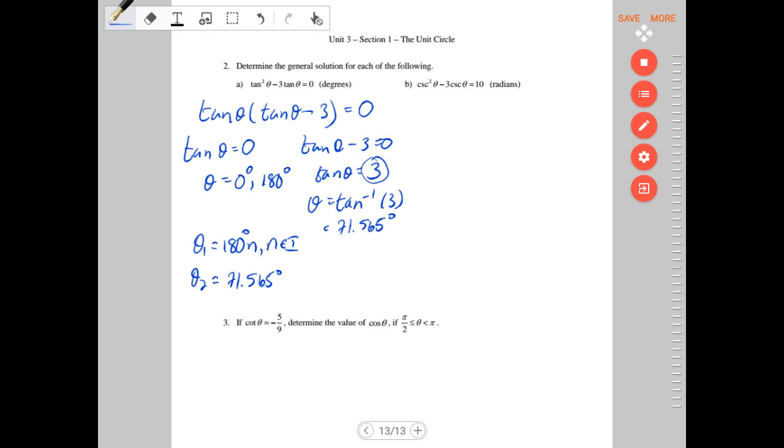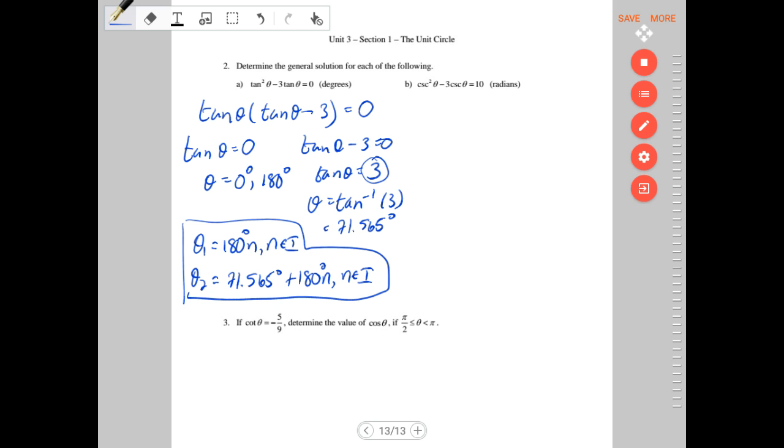There's a difference there of 180 degrees also. So my next one would happen at 180 degrees, again with n representing the number of rotations. Those would be considered our general solutions. In other words, regardless of how many rotations you made, you would get something where tan either equaled 0 or tan would equal 3.